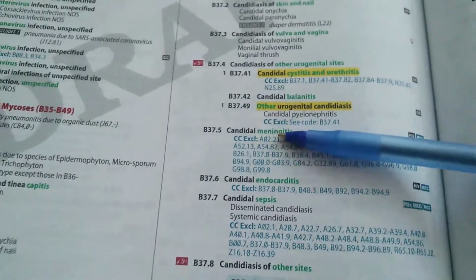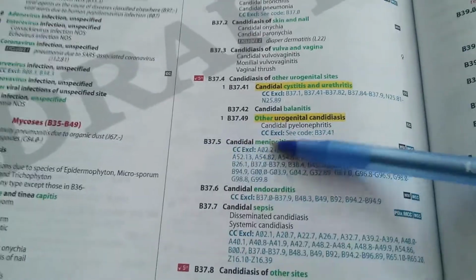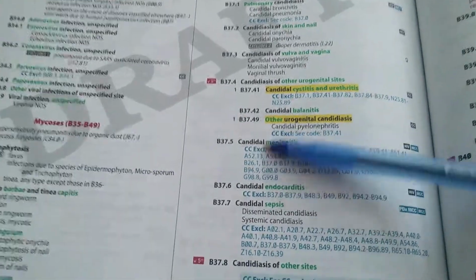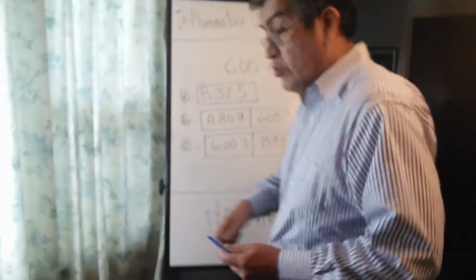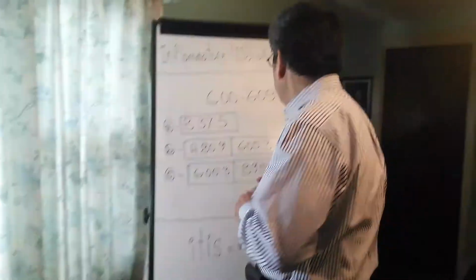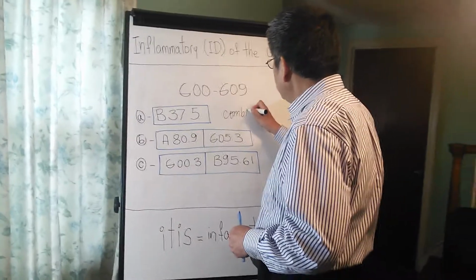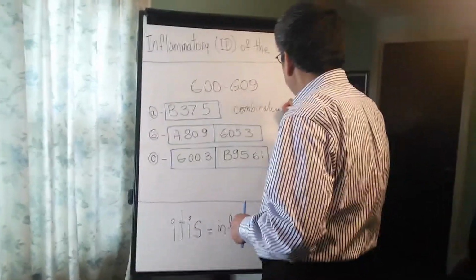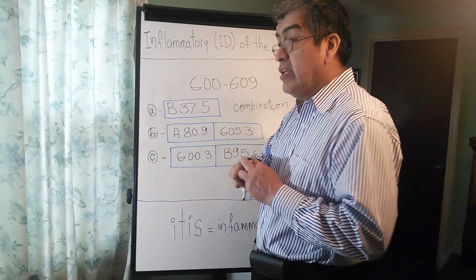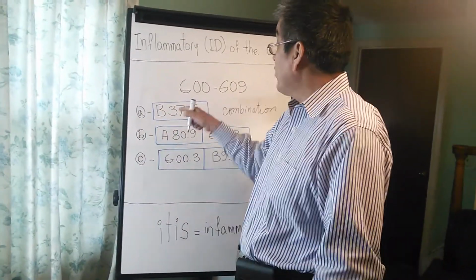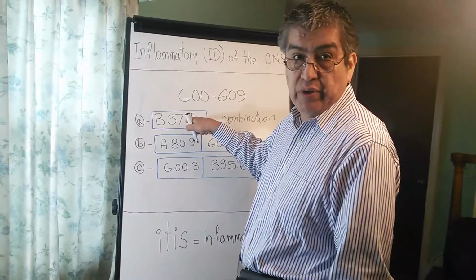And these two need only one code. If you look around it, there's no instructions to put an additional code. So that's why we have here a combination code. This is called a combination code, which means that the bug and the disease it causes are coded with just one code, right?